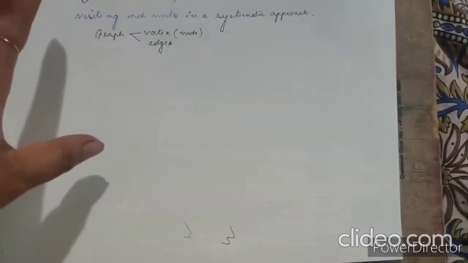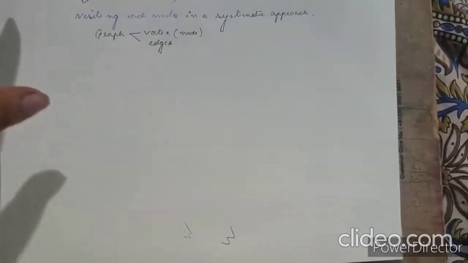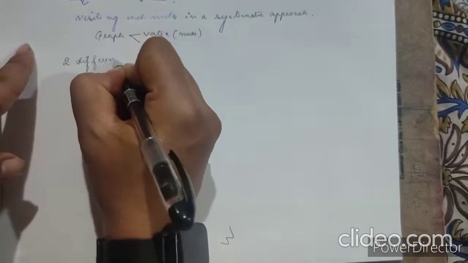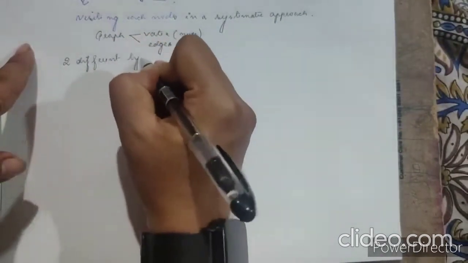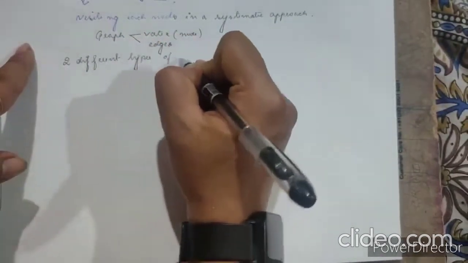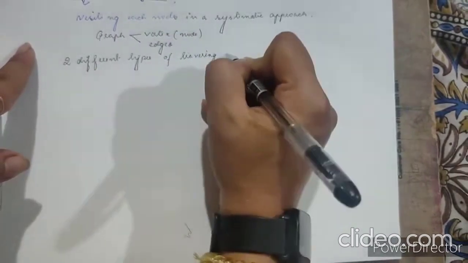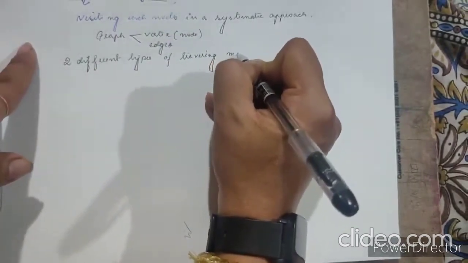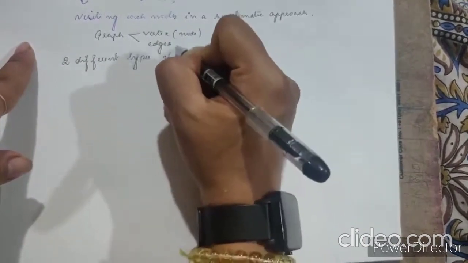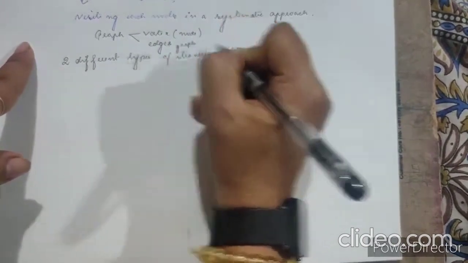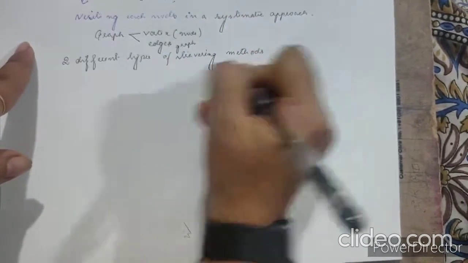So we are going to study two different types of graph traversing methods.